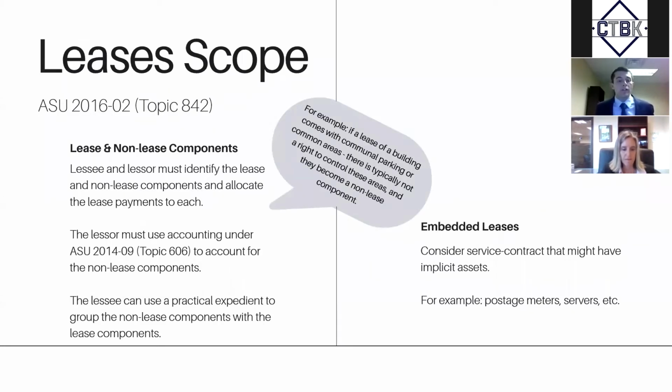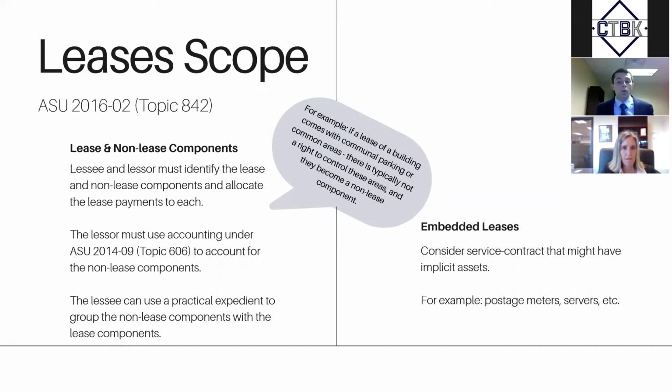Now transitioning more into the scope of Topic 842. As I previously mentioned, I talked about lease and non-lease components. Topic 842 requires a lessee to identify lease and non-lease components and allocate payments to each. For example, if a lessee leases office space that has communal parking or common areas, this typically does not allow a lessee the right to control these areas and would be categorized as a non-lease component.